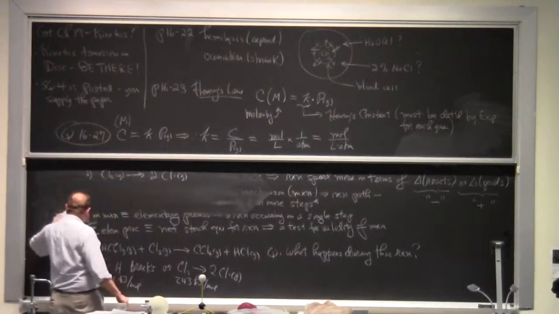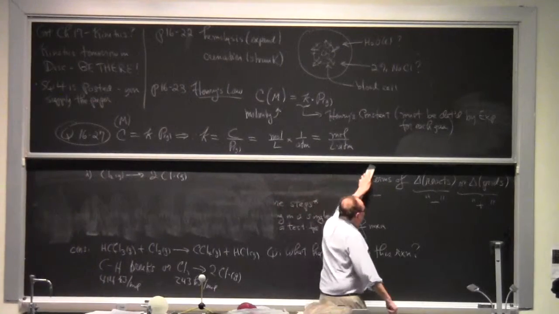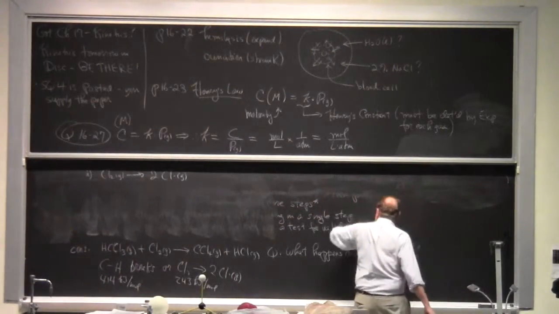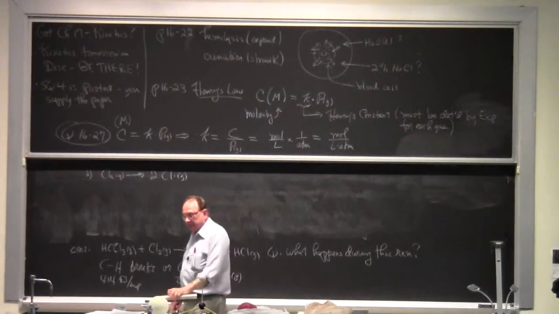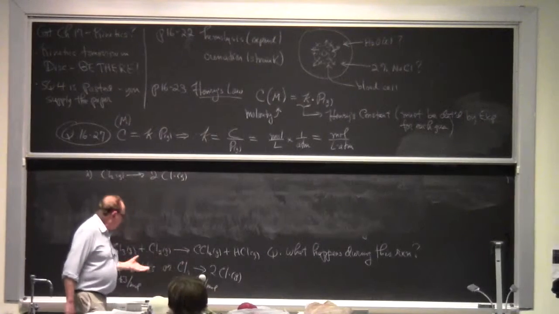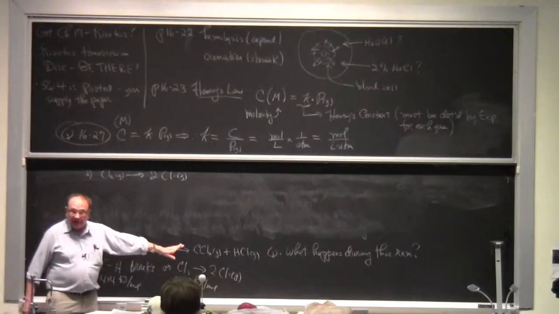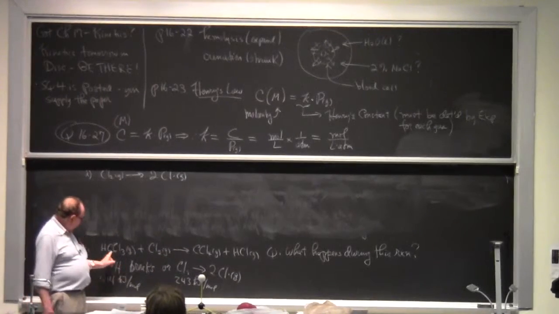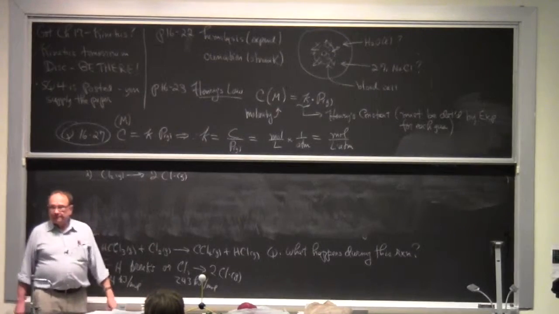Now, at this point, what do we have in the reaction vessel? Well, we still got chlorine molecules which haven't fallen apart, and we got these molecules. We've got no products yet. So we got these, we got this, and now we got some of these.